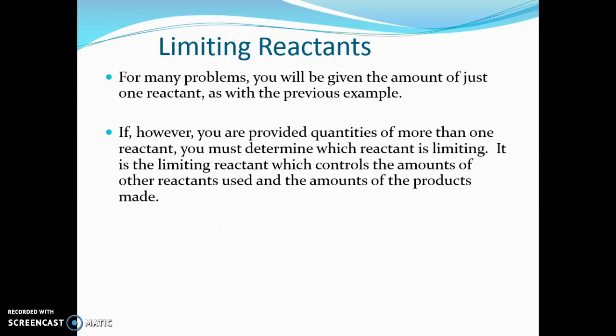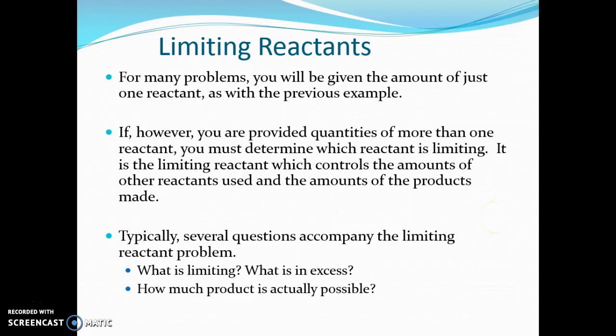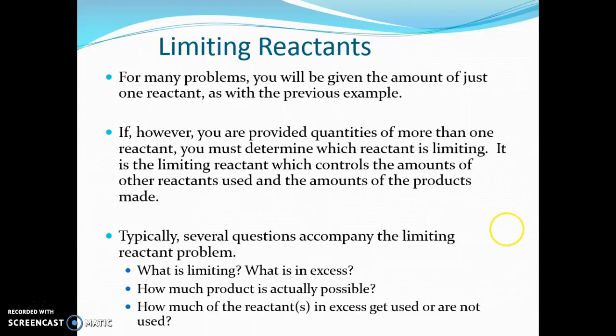Now you've got to figure out what's limiting, and then the limiting reactant is going to control everything else. So typically, if you're given a limiting reactant problem, you've got several questions you're going to have to answer. First and foremost, what's limiting? Therefore, what's in excess? How much product is actually possible? And finally, concerning the reactant or reactants in excess, how much got used and how much got wasted or didn't get used?